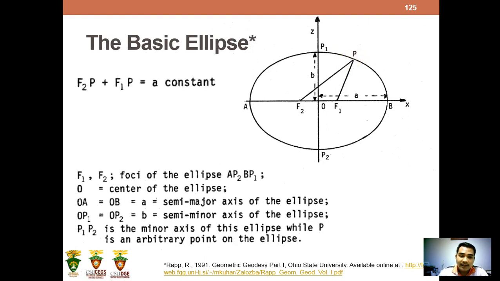And note that in an ellipse, F2 to P plus F1 to P is constant. That constant is 2A, or the major axis. They are equal at any point on the circumference of the ellipse. So wherever P is, F2 to P plus F1 to P is always equal to 2A.